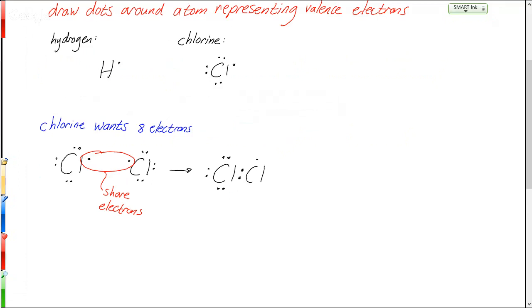So in order to share those two, those chlorines have to be close enough together that the electrons can be in the valence orbitals of both atoms at the same time. We know that atoms have a particular size, so if they are close enough together, the outer electrons actually overlap, and they end up in both valences at the same time, and that's what we call a covalent bond.